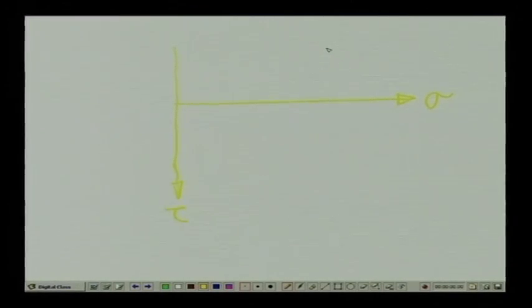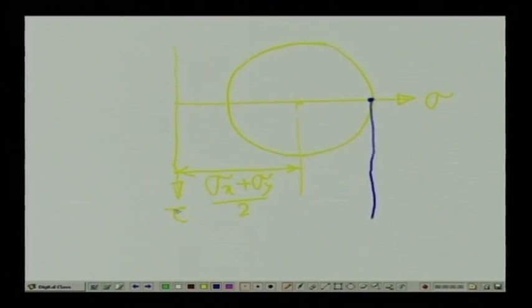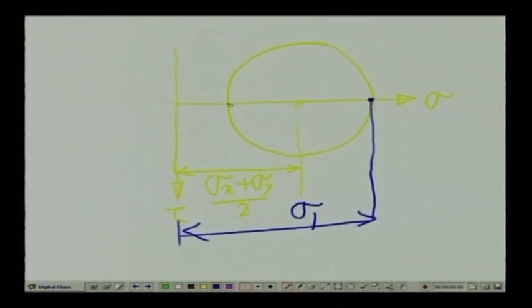Now, if we draw the Mohr circle of stress, the center of the Mohr circle from the tau axis is given as sigma x plus sigma y by 2. The maximum value of the normal stress, at this particular plane, we normally designate as sigma 1, and the minimum value of the normal stress is sigma 2.